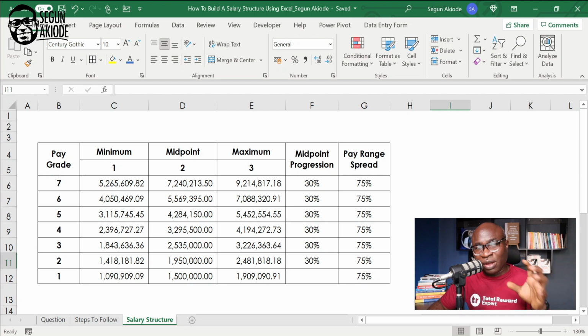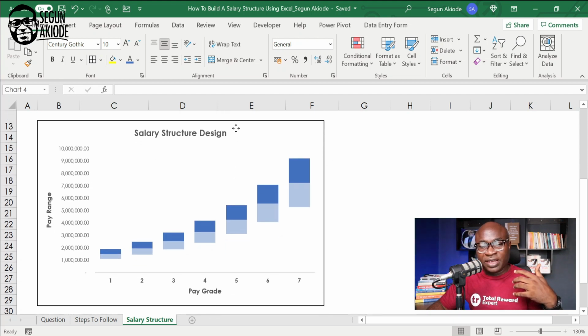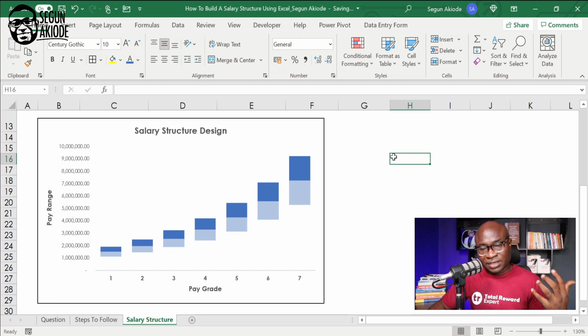In a later episode, I'll dedicate another episode to look at that particular way of creating your salary structure. So if I illustrate this salary structure we've created in graphical form, I'll have something very close to this, which gives you the various steps in terms of the minimum and the maximum for each of the grades from 1 to 7, and the pay range is also illustrated as well.